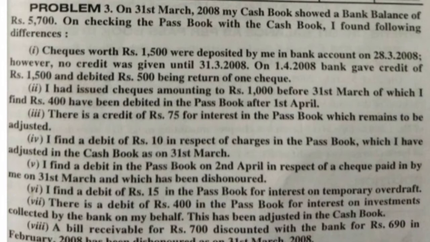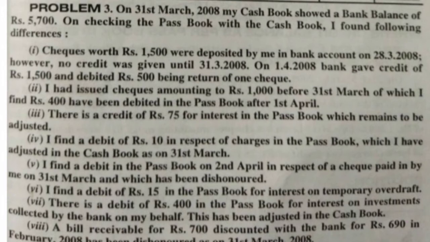There is a debit of rupees 400 in the passbook for interest on investments collected by the bank on my behalf. That means on behalf of Bunty, the bank is collecting the interest on investments. So it is a debit actually, but it should be a credit, because the interest on investments is income to Bunty.